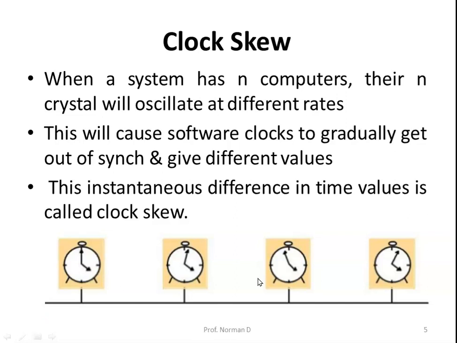In practice, when a system has n computers, all n crystals will run at slightly different rates, causing the clocks gradually to get out of sync and give different values when read out. This difference in time is called clock skew.